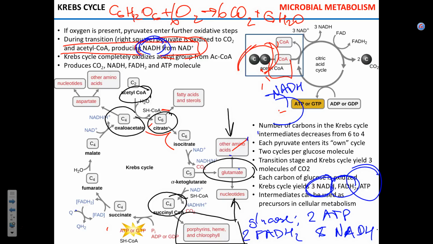Oxaloacetic acid, via aspartic acid, can be used again for synthesis of amino acids and nucleotides. So essentially the Krebs cycle provides sufficient resources for the microbe to synthesize virtually anything it needs. Make sense?